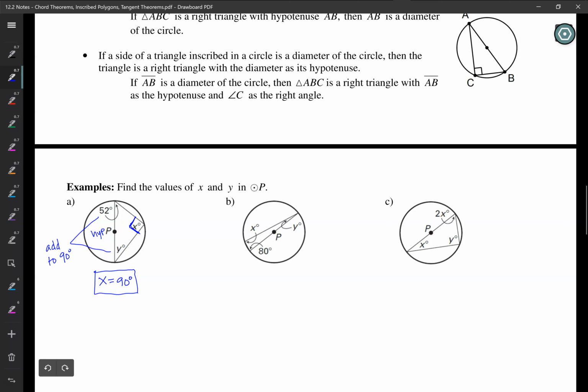Because that's always true in a right triangle. The right angle's 90 and the other two angles add to 90. So y is going to equal 90 degrees minus 52 degrees, which is 38 degrees.